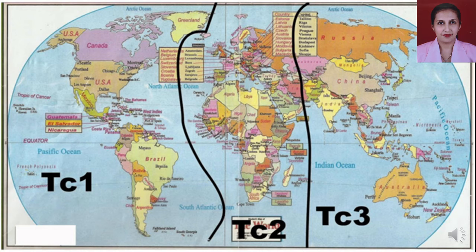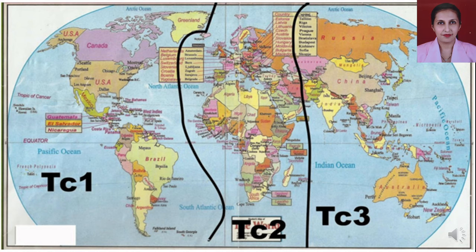So in simple words, we can say that the extreme left part of the world map, that is the entire American continent and the countries above, Greenland and Canada, comes under TC1.